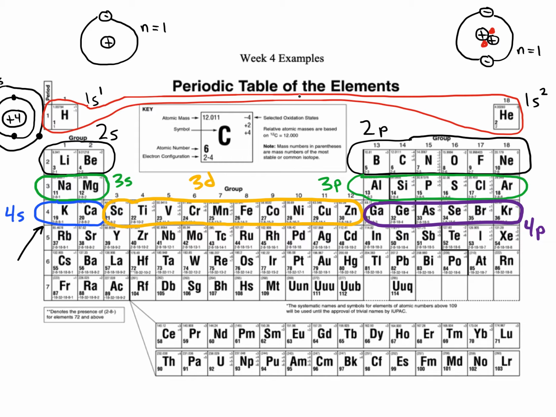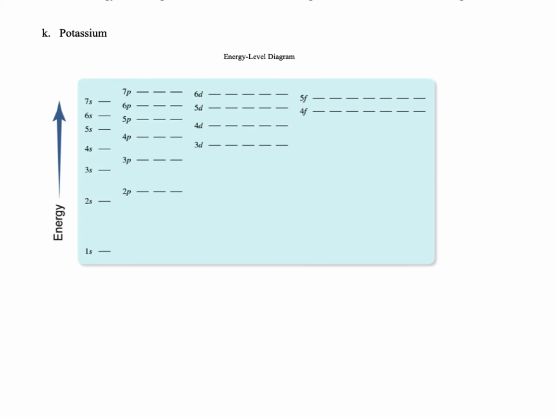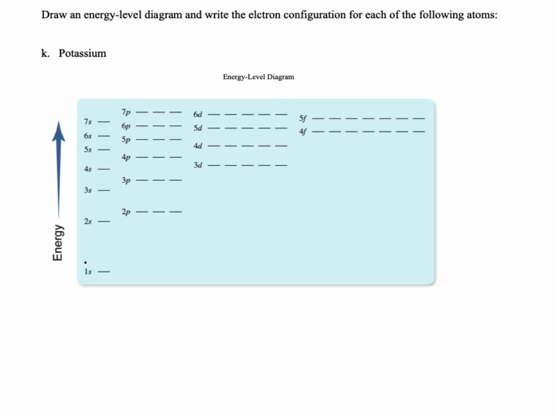We're going to fill the 1s subshell, the 2s subshell, we'll fill the 2p subshell, we'll fill 3s, and then 3p. Next, we're going to go on to 4s and just put 1 electron in it, and that'll represent potassium. Alright, so let's fill this, and energy level 2 as well.